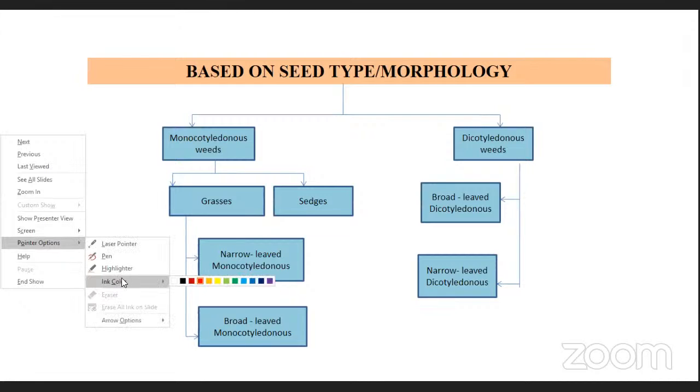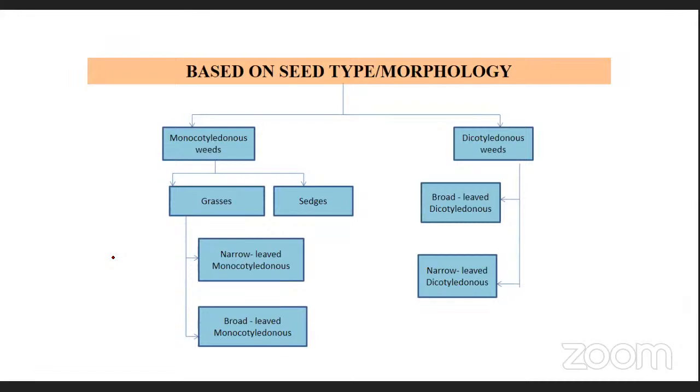And what else? In monocotyledons, one cotyledon is there, and that cotyledon cannot be split into two. This is also very important, that the cotyledon cannot be split.